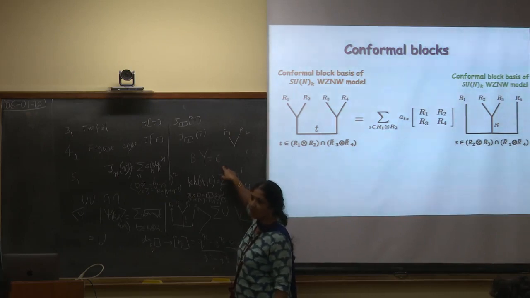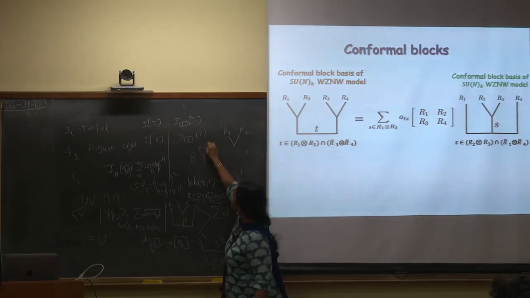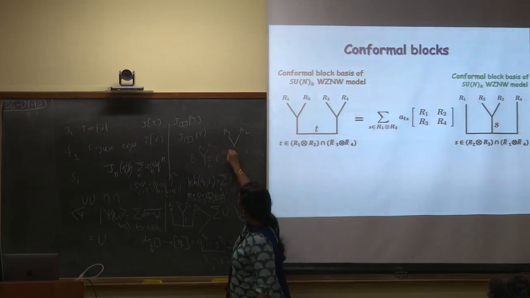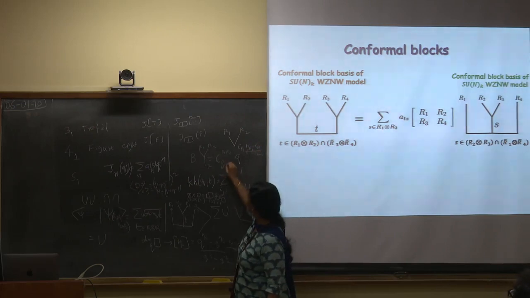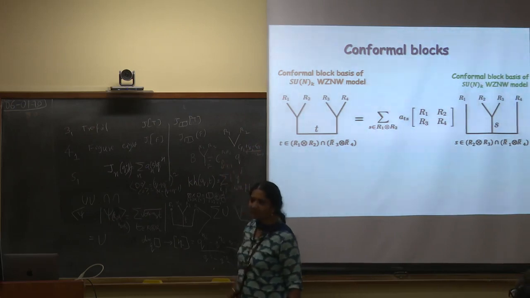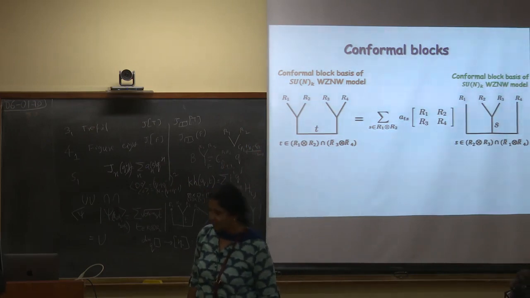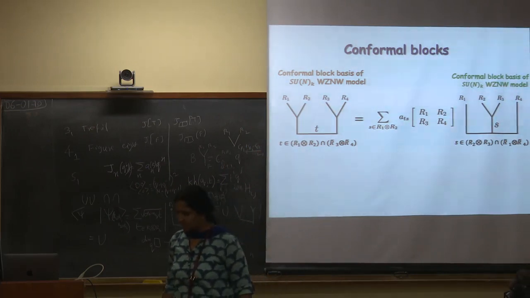So, if it is R1, R2 and R, this epsilon is, and then you have a Q to the CR1 plus CR2 minus CR by 2. And this one is always plus or minus 1. This is what we call the Wigner 3J phase. This is like the Bose-Fermi exchange.